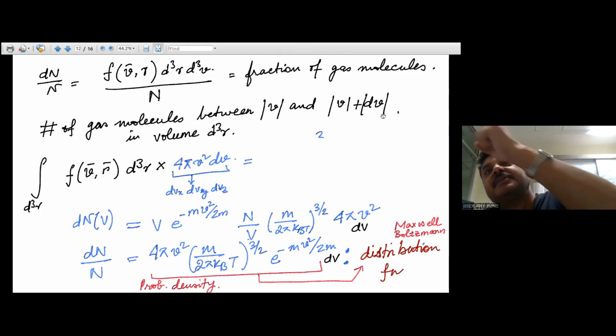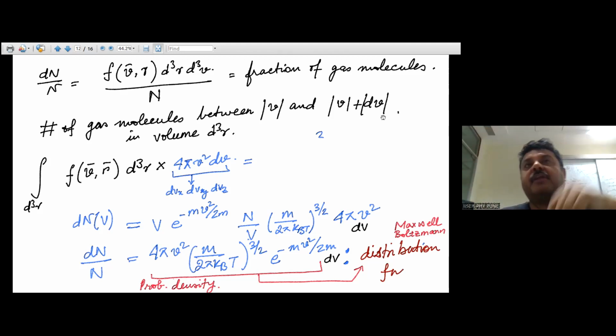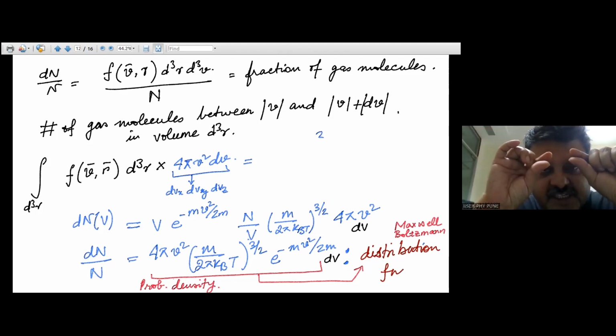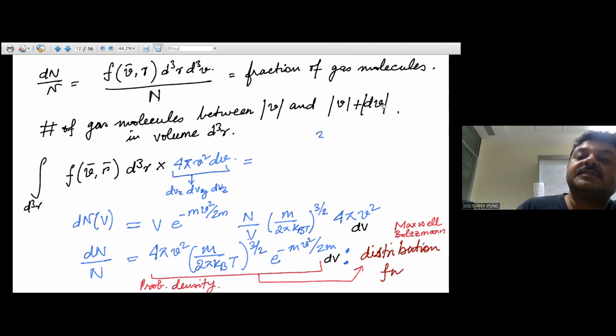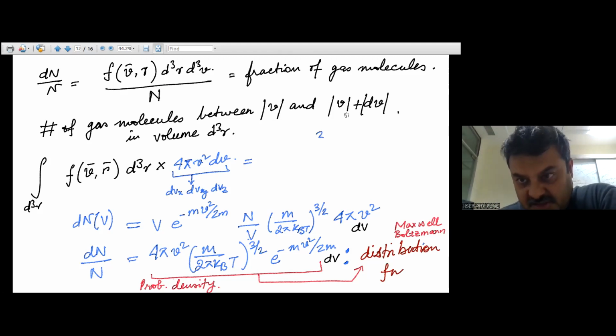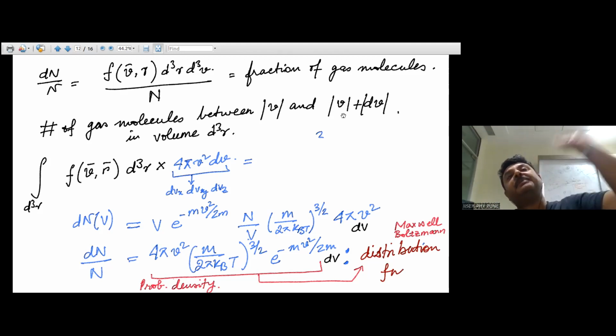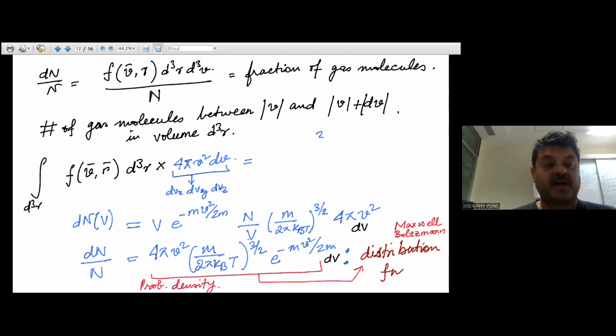We are not interested in v vector, but how many particles have a velocity within a thin spherical shell? The shell is of width dv, and you really don't care about the direction as long as its speed, vx squared plus vy squared plus vz squared, is within a certain range. We want to calculate all those particles.